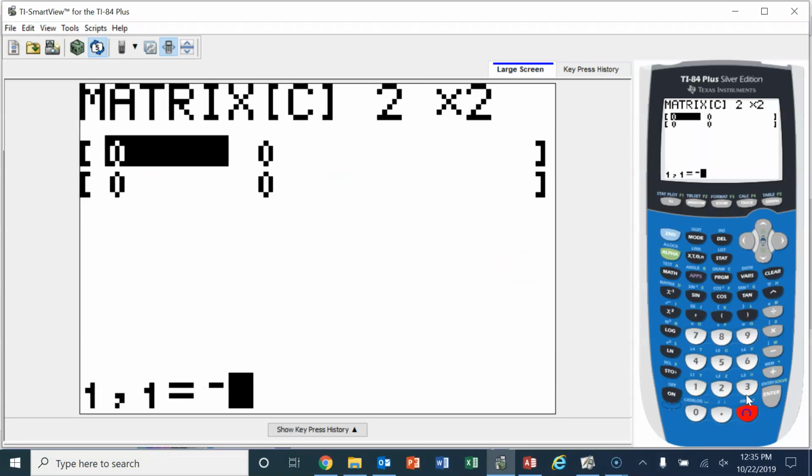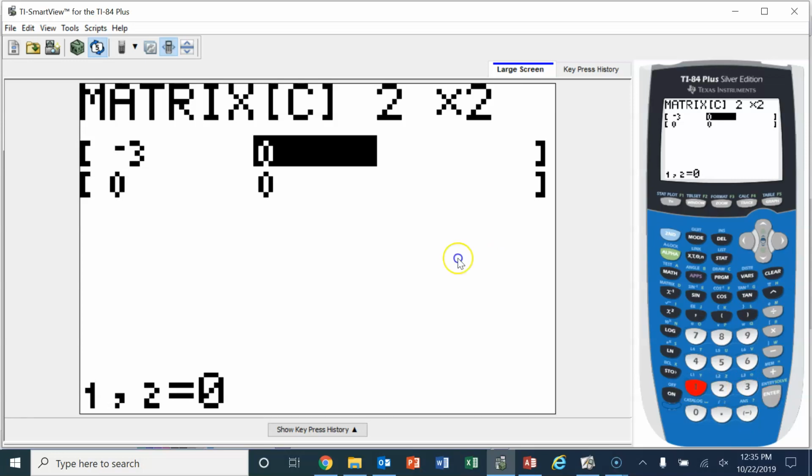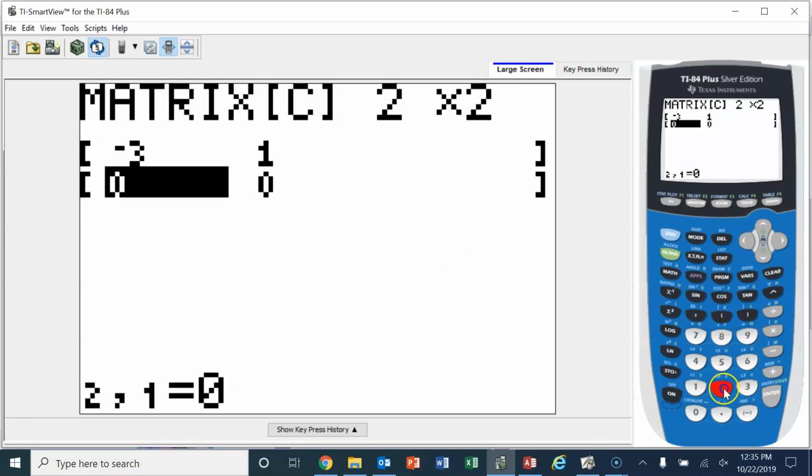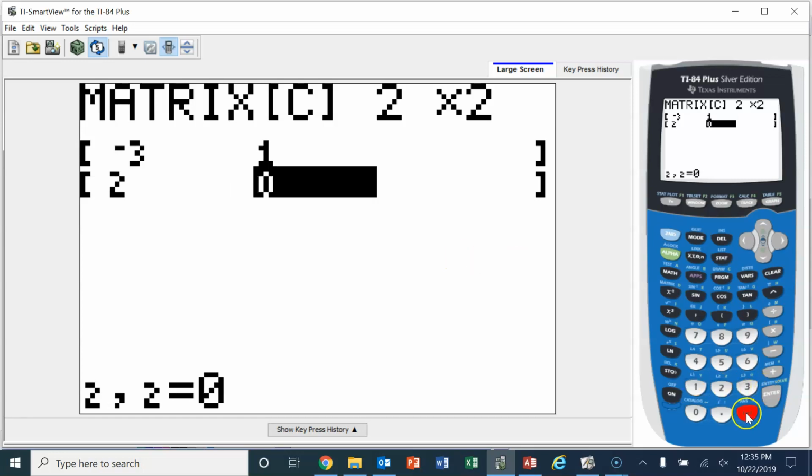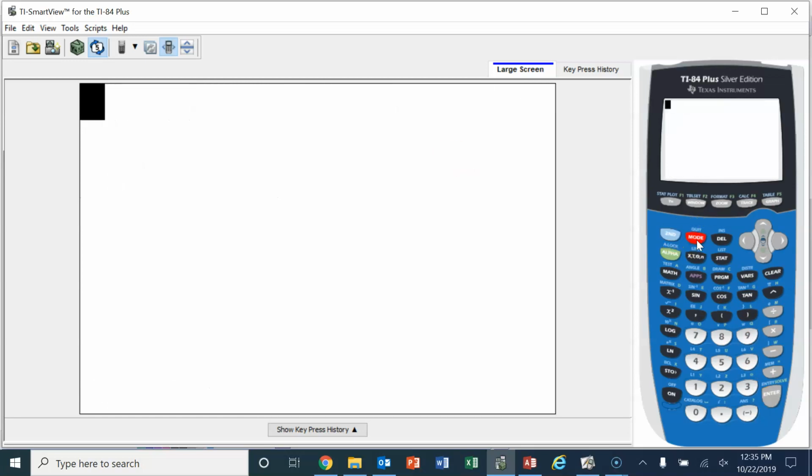All right, now that we have the matrices typed in, we need to get out of this screen. The way we get out of the screen is right here, second quit. So second quit.